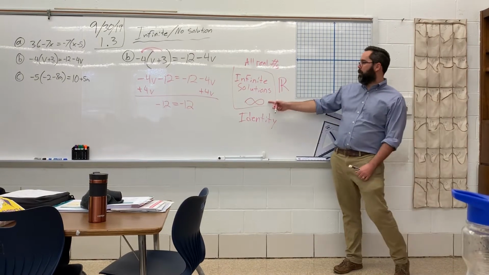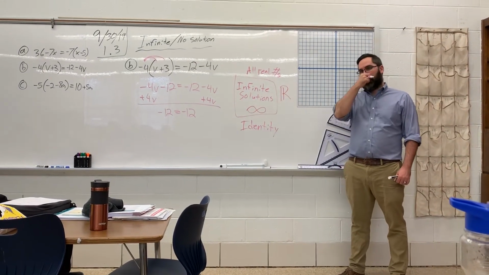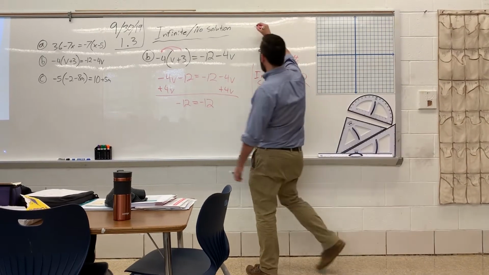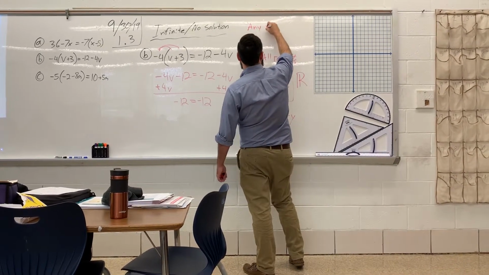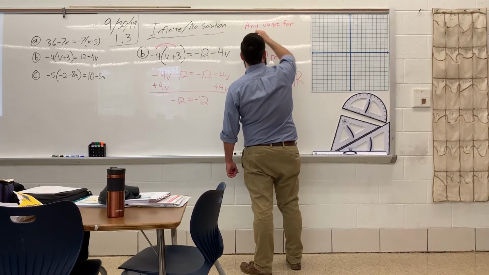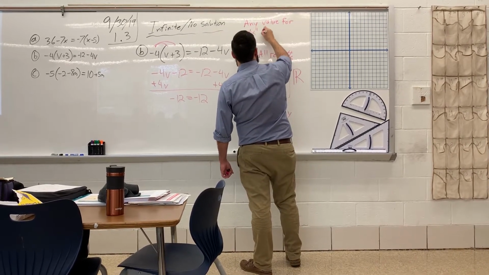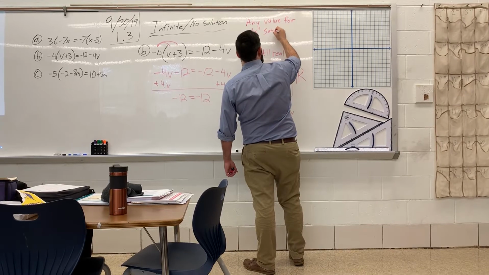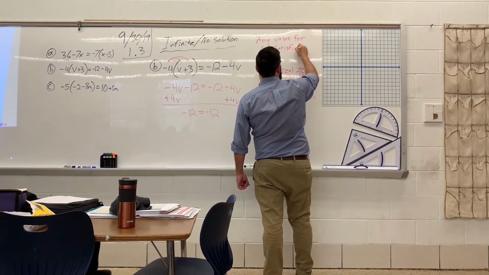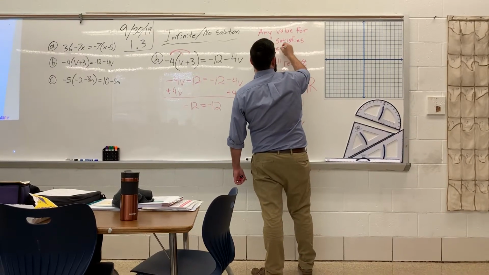But this is really what I'm looking for here. What's in there? All right. And what does that mean? It means that any value for x satisfies or balances the equation.